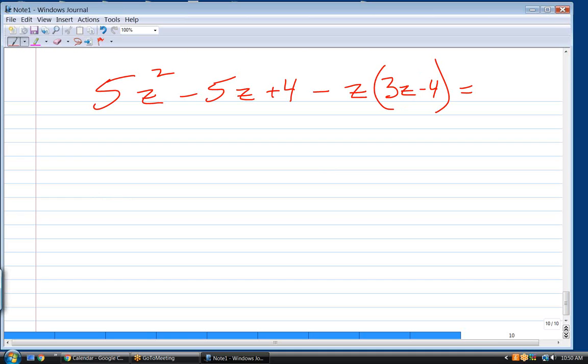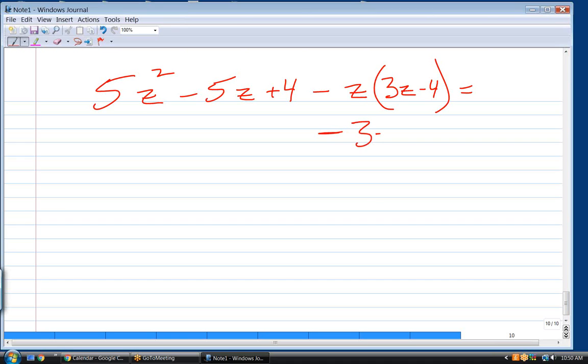Not quite. The first thing I'm going to do is distribute this. In other words, my first step is going to be to get rid of the parentheses. Before I can combine everything, I've got to multiply z by both of those terms. And rather than rewrite everything, I'm just going to do it right here. Minus, what's z times 3z?